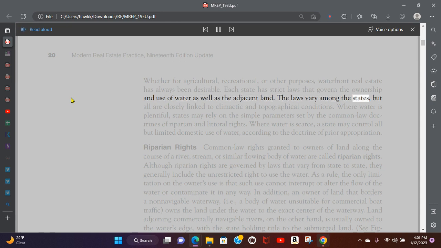The laws vary among the states, but all are closely linked to climatic and topographical conditions. Where water is plentiful, states may rely on the simple parameters set by the common law doctrines of riparian and littoral rights. Where water is scarce, a state may control all but limited domestic use of water, according to the doctrine of prior appropriation.